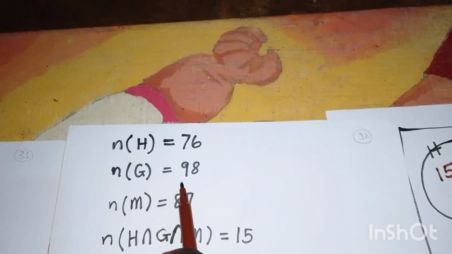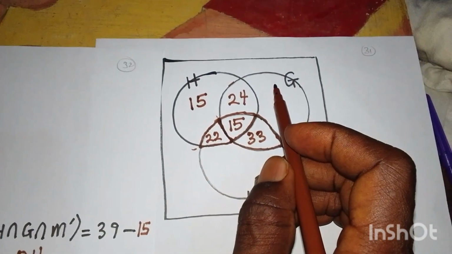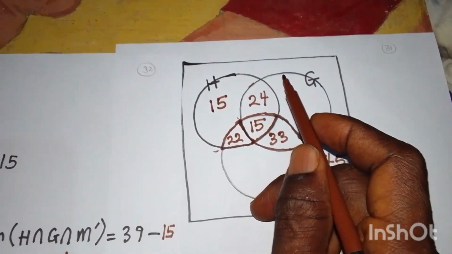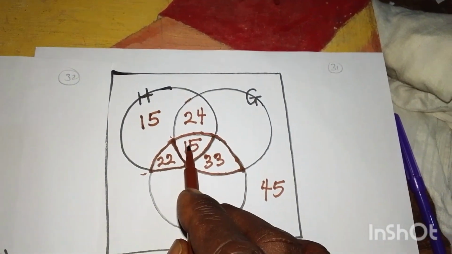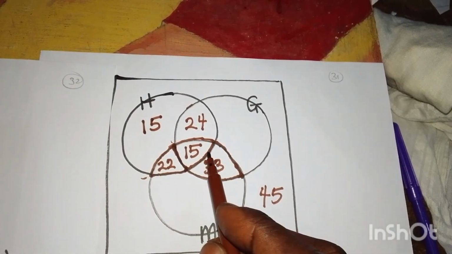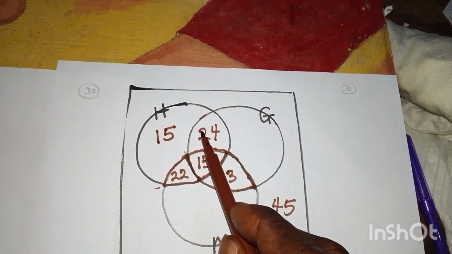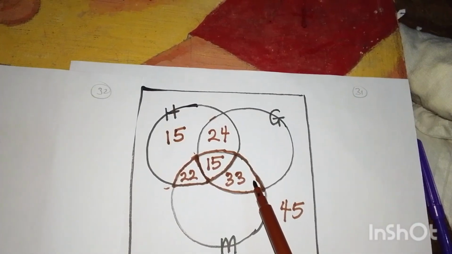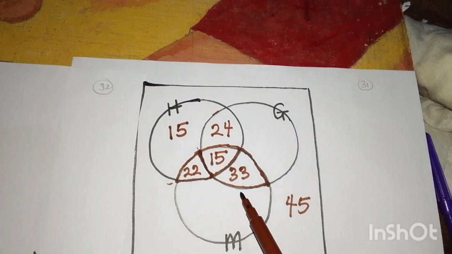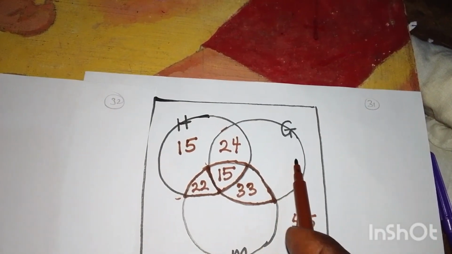Since we know that 98 students like geography, we want to know those that like only geography. So you say 98 minus those that like history and geography, those that like the three subjects, and those that like only geography and mathematics. You add these and subtract from those that like geography as a whole.